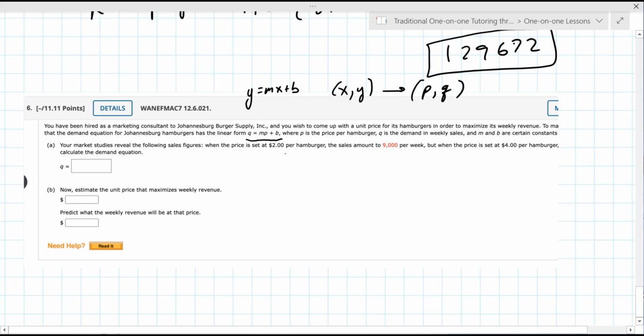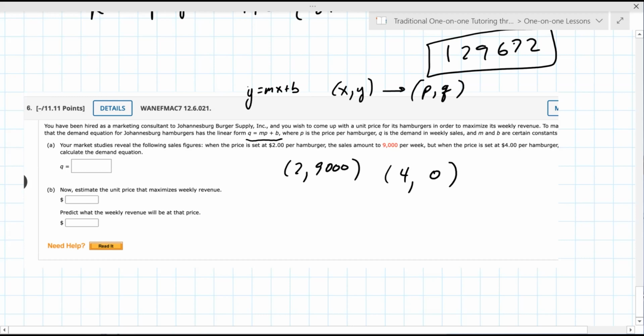the two ordered pairs. So the first one is when the price is $2, the quantity is 9,000. Okay. And then it says when the price is set to $4, sales drop to 0. So the quantity is 0. Yes. Okay. And this is very important. If you don't do this in the right order, you get completely the wrong answer.